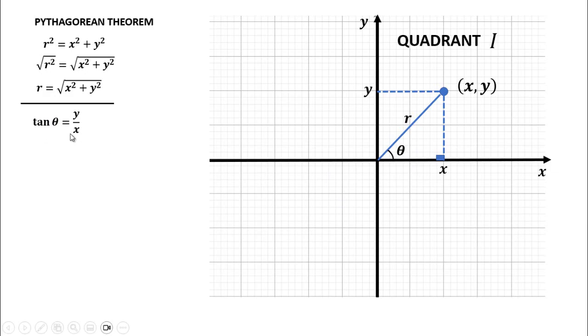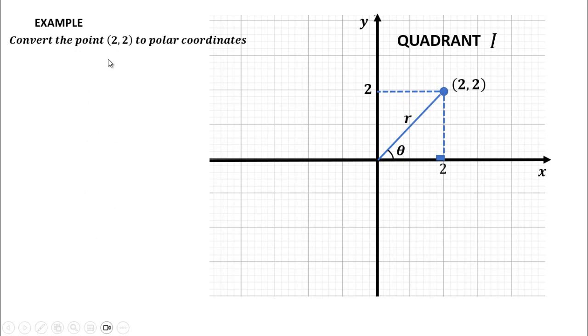If we apply inverse tangent, or arctangent, on both sides, we obtain that theta is equal to inverse tangent of y over x. And with this formula, we can obtain the value of the angle theta. Remember that we consider r positive and theta between 0 and 2 pi. Let's see an example.